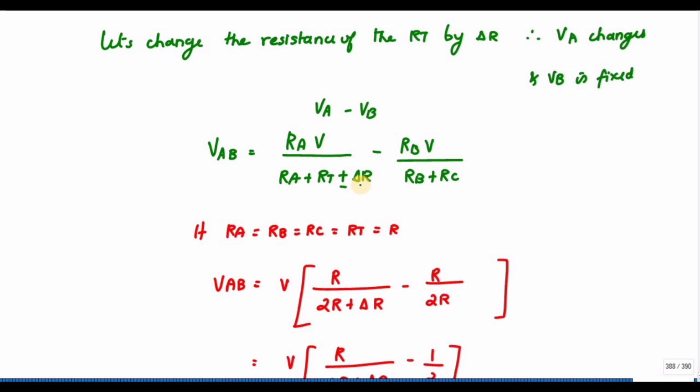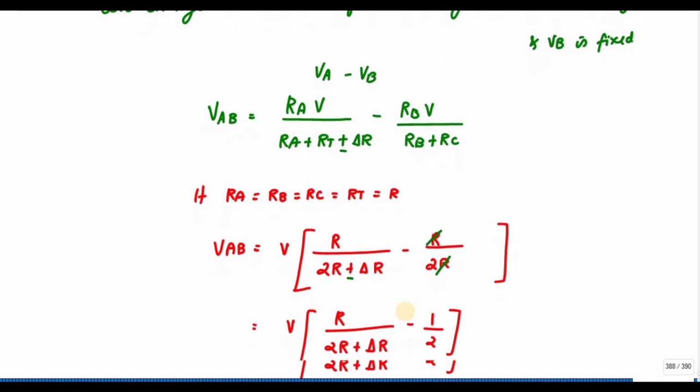If I take RA, RB, RC and RT equal to R, and take V common, I will get R divided by 2R plus or minus del R minus R divided by 2R. Here the R and R get cancelled out.